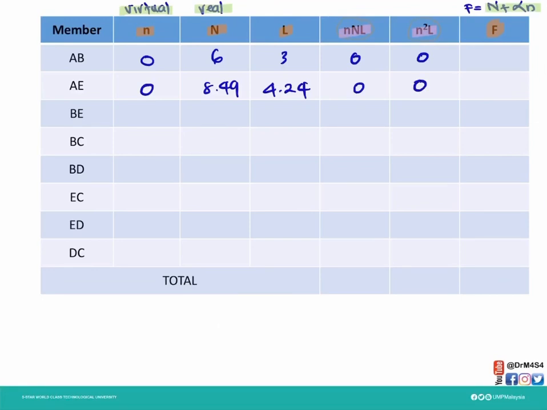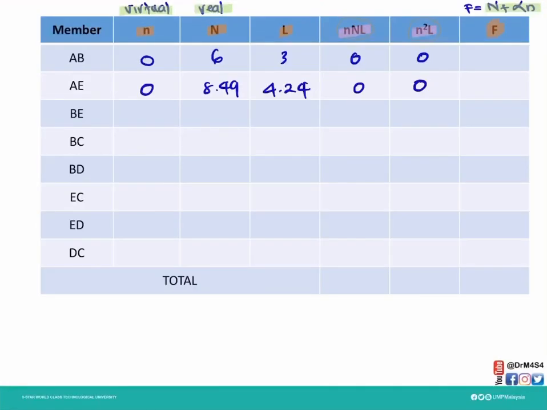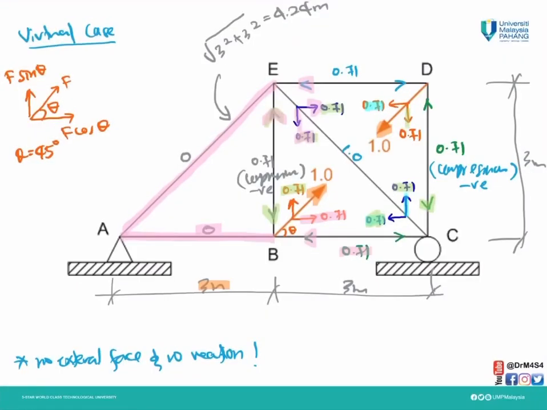Next, member BE. Let's have a look for real case for BE. This is BE. Length is 3 meter. Force is 0. Force for real is 0. L is 3 meter. Now let's have a look for virtual case for BE. This is BE.